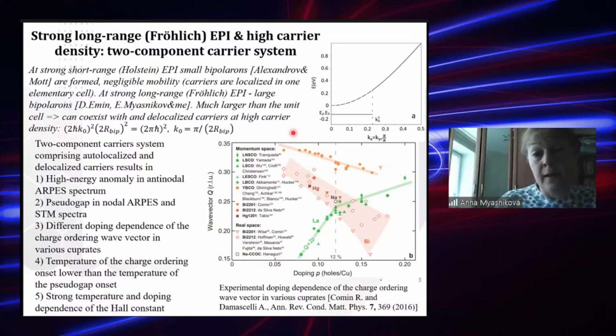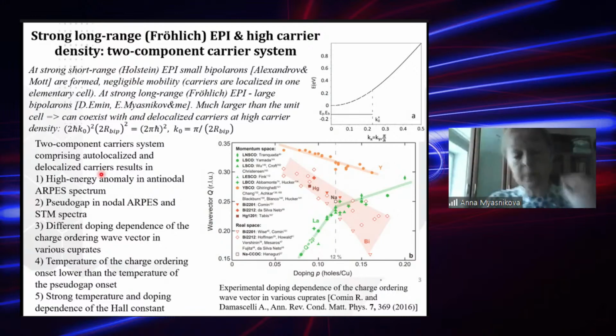In such an approach, several characteristic features of cuprates naturally appear. For example, a two-component carrier system comprising autolocalized and delocalized carriers results in a high energy anomaly and antinodal angle-resolved photoemission spectrum, in pseudo-gap and nodal angle-resolved photoemission spectrum, and scanning tunneling microscopy spectrum.